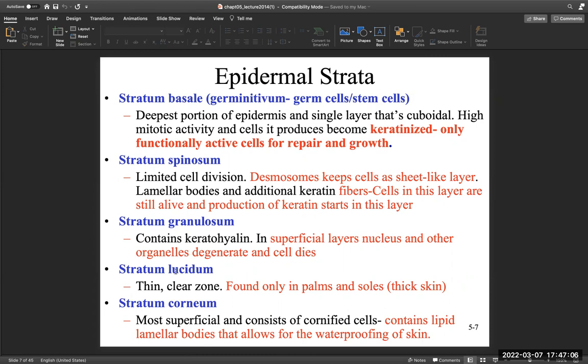Now, in thick skin, which we have talked about previously, the thick skin itself has an extra layer of strata that is not found in thin skin. Now that's different than what we're going to see when we have a callus.